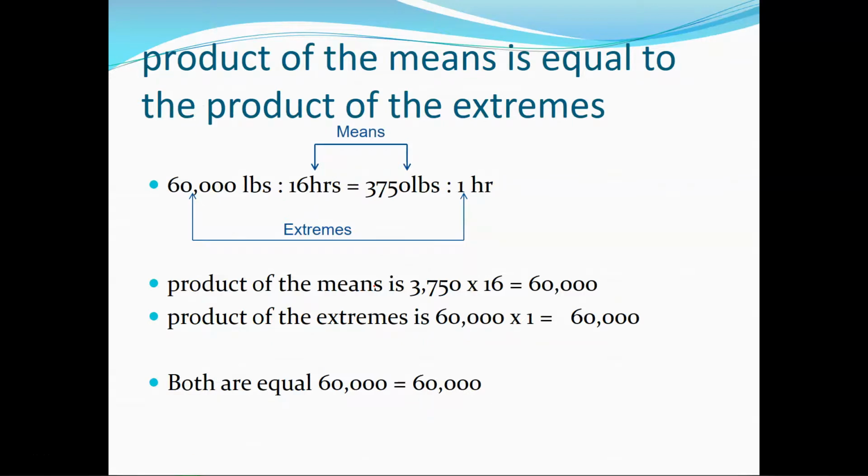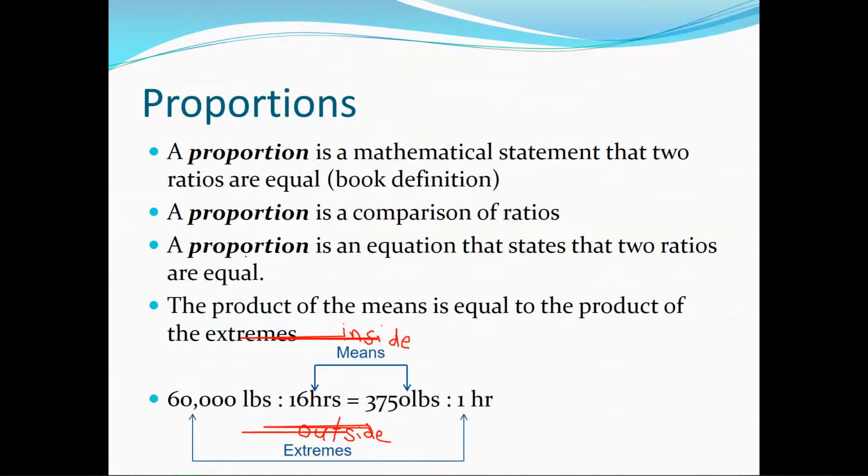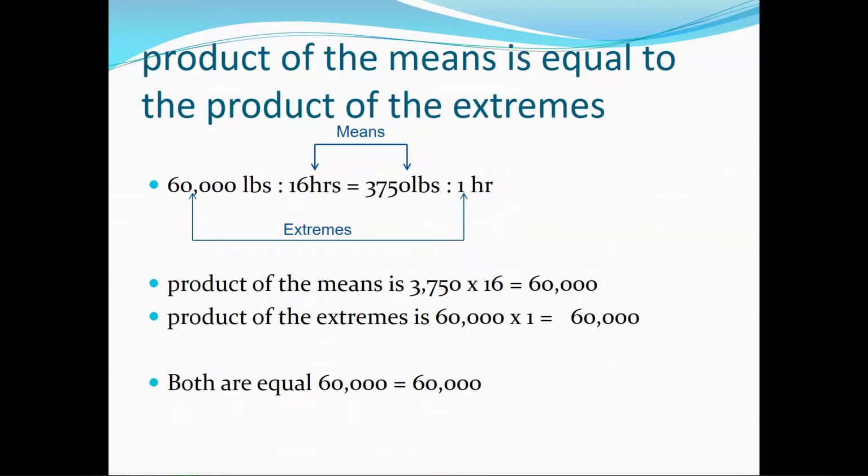So for this one, it's asking you, if I have 60,000 pounds of product that is able to be made in 16 hours, that should equal 3,750 pounds per 1 hour.